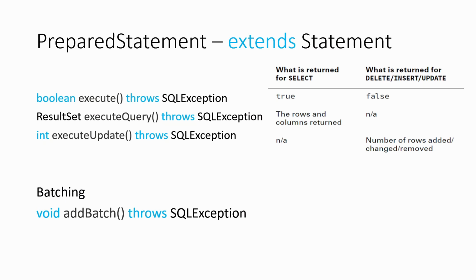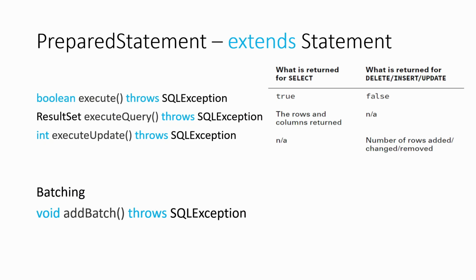Extensively in this course we use execute, execute query, execute update, all throwing SQL exception. Execute we can use with all operations: select, delete, insert, update. Execute query we can use only with select. It returns a result set which contains the rows and the columns, and we can iterate over it and get our result.